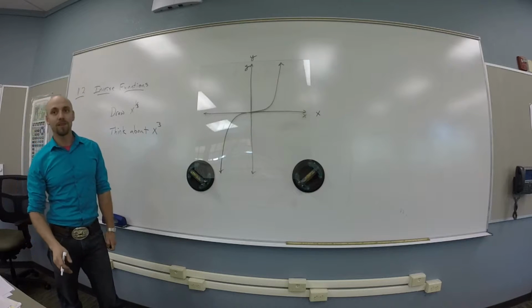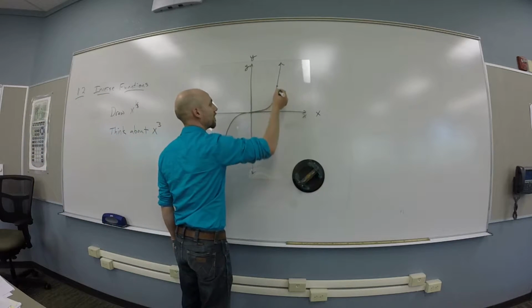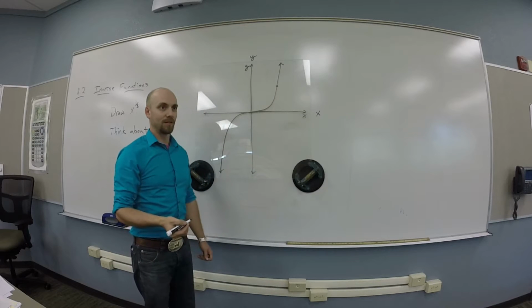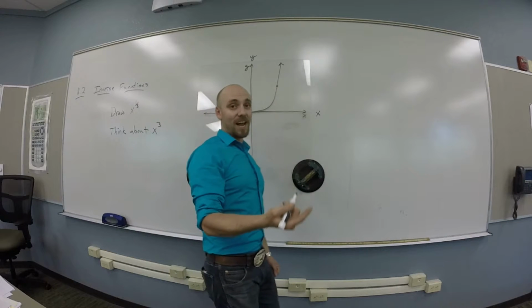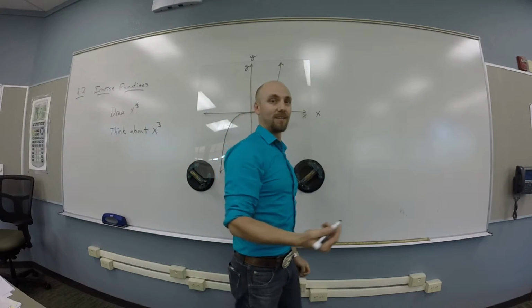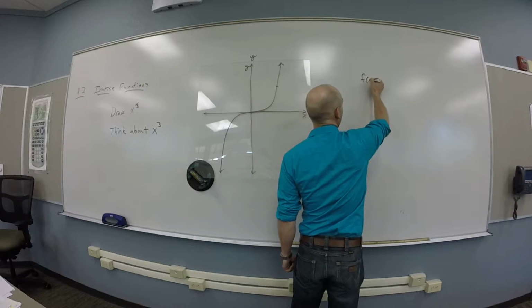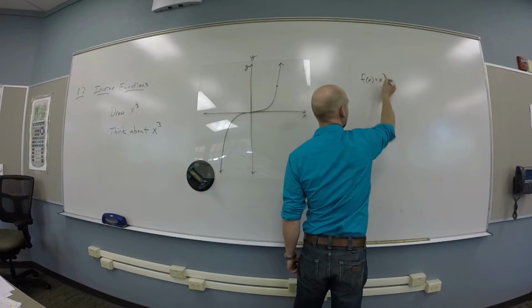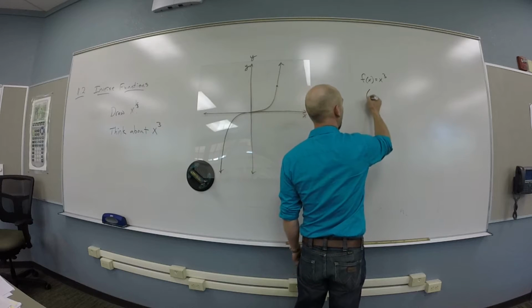Now, what I want to think about is what does a point on here look like? It's an x, y point, right? So if it's on the graph of f of x is x cubed, those points look like what?